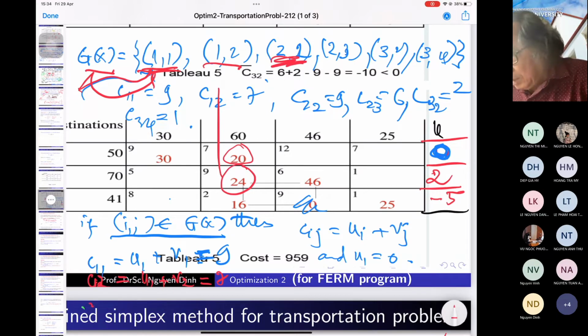So C22 equals U2 plus V2, and that equals 9. You see? Look at this one. Is it the linear system? Then you have C23.